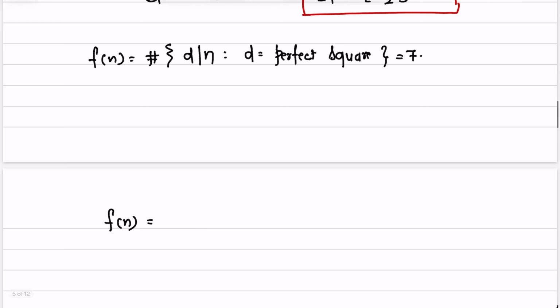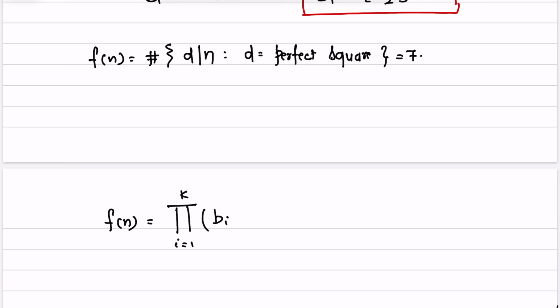Fn is equal to the number of divisors which are perfect squares. That Fn can be written as the product of i is equal to 1 to k of bi.